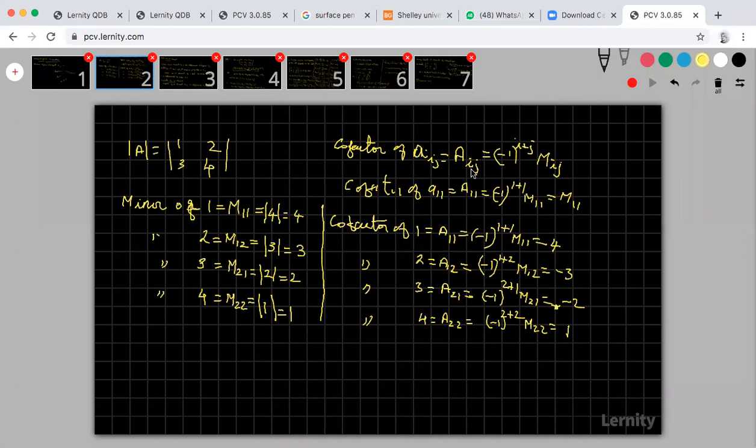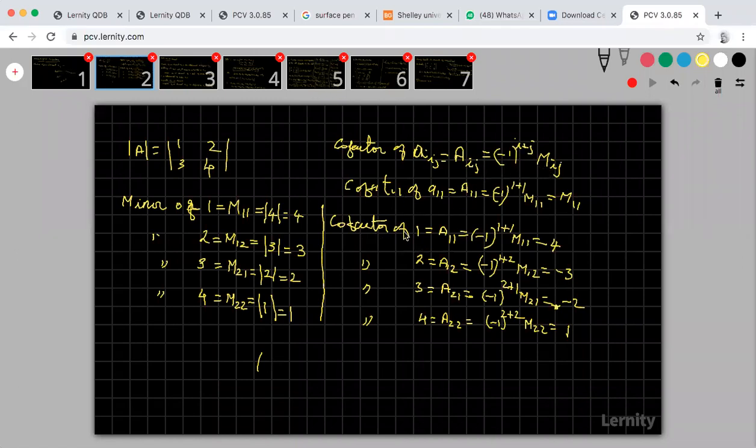Sorry, students. The cofactor of Aij is equal to minus 1 the whole power i plus j times Mij. This is the formula.